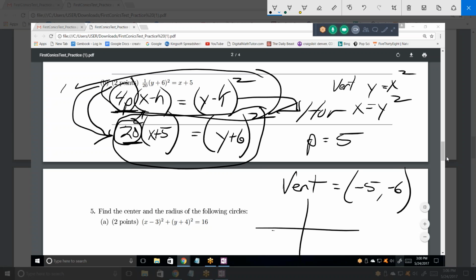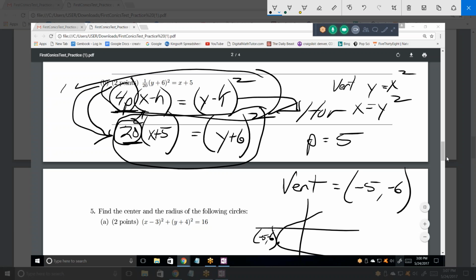Okay. The vertex is at -5, -6. See how I get that? Yeah. Okay. And I know it opens to the right, so it's that kind of a parabola. Oh yeah, it opens to the right because A is positive.